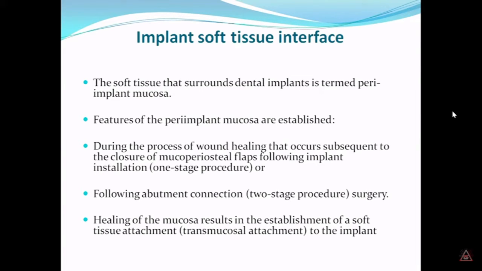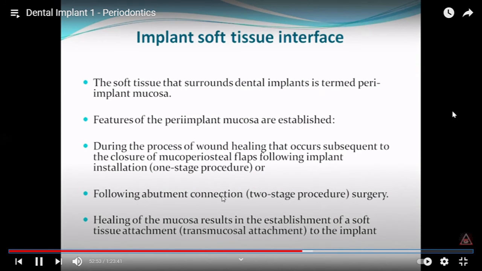And when the features of peri-implant mucosa are established, you have something called a one-stage procedure and a two-stage procedure. One stage, very simple: we are placing the implant and we are placing the healing cap also. In that condition, we don't go for second stage surgery.